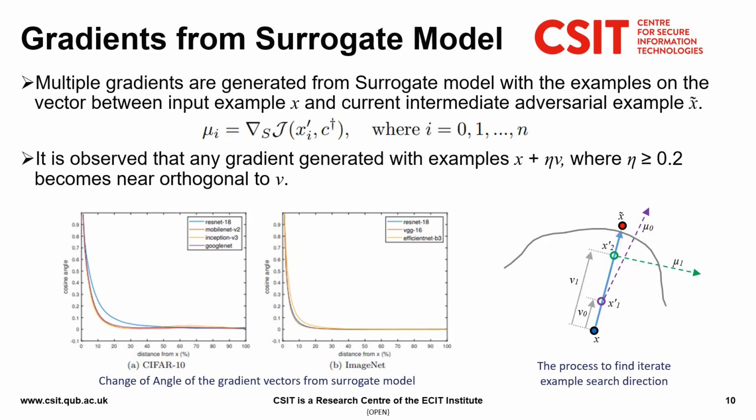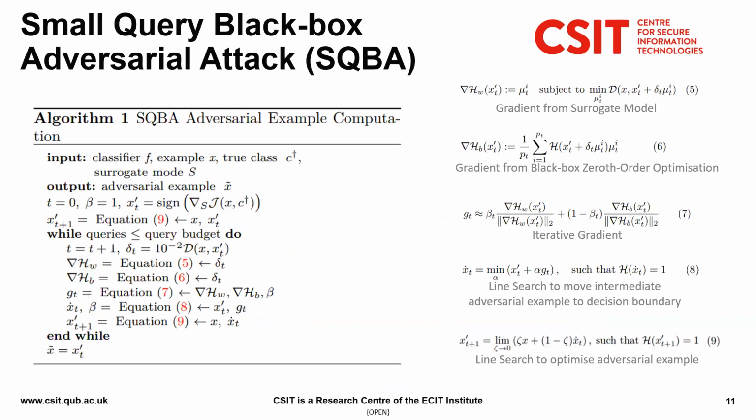It is observed that any gradient generated with this type of example becomes near orthogonal to vector V if the distance from input example X is greater than 20% of the magnitude of vector V.